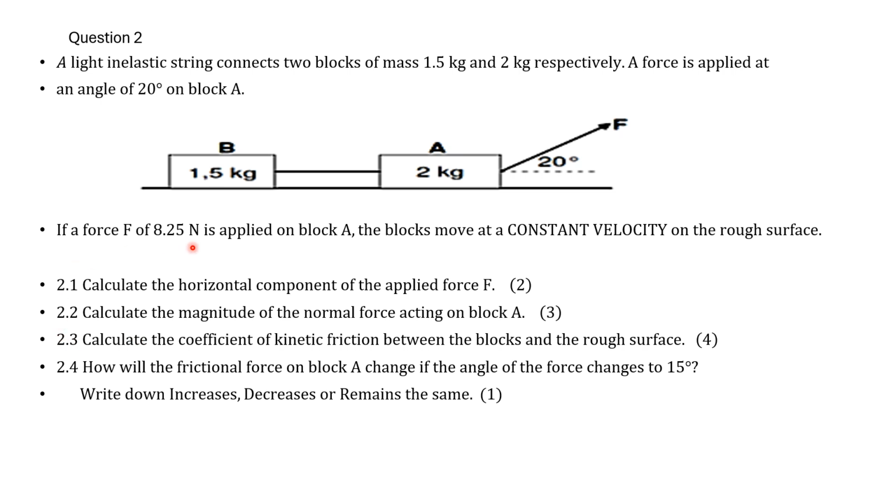So we want the horizontal component of that 8.25 newtons. And we want to calculate the magnitude of the normal force acting on A. Then calculate the coefficient of kinetic friction between the blocks and the rough surface. And 2.4 is testing how the frictional force will change if we change the angle. So as I said, you can pause here, attempt to answer as many questions as possible and see where you get stuck.